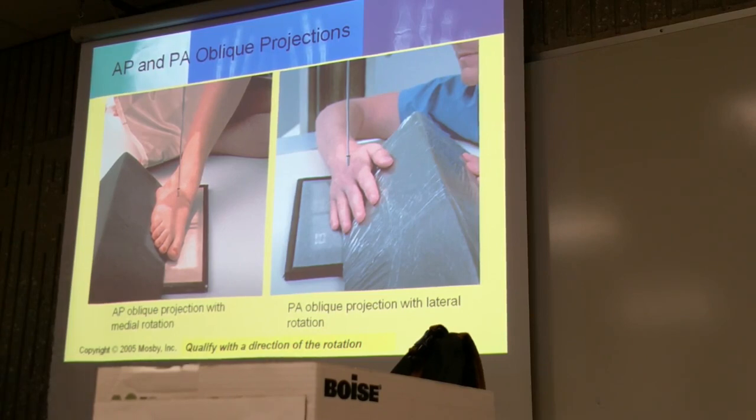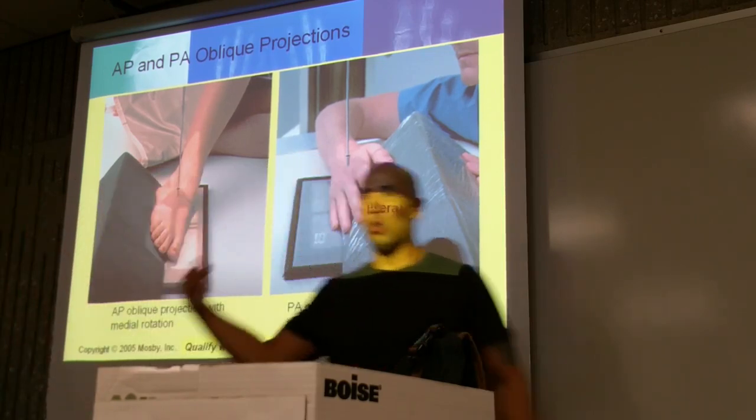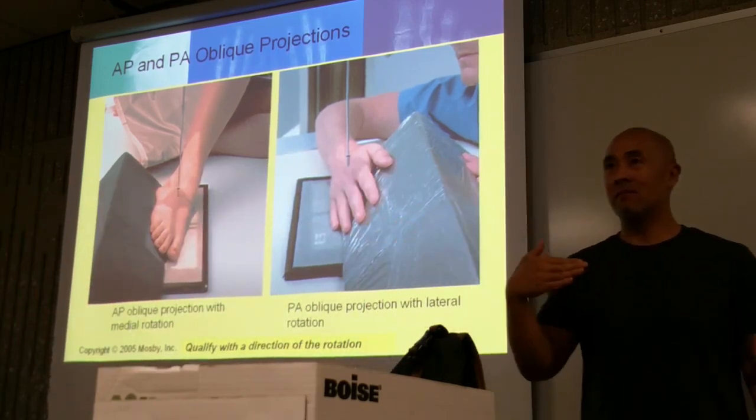Now, to describe this obliquity, we need a starting point. So for the foot, our starting point would be plantar surface down, foot flat. You guys with me? Foot is flat. So there is a rotation towards my middle.